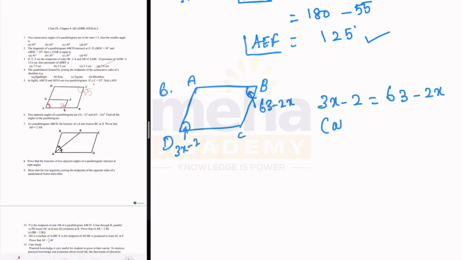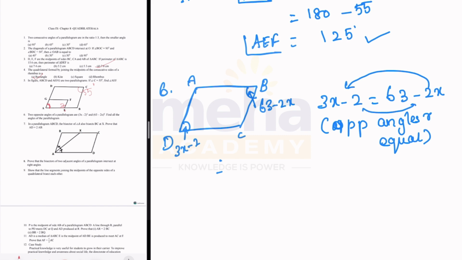Why? Opposite angles are equal in a parallelogram. So when I bring the x to one side and the 2 to the other side, it is a linear equation. So 3x plus 2x would be equal to 63 plus 2.